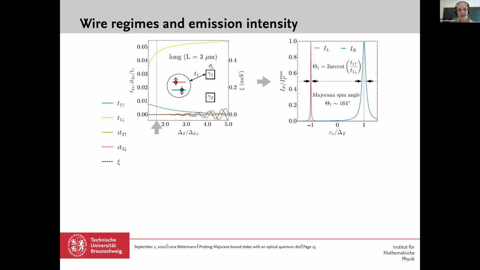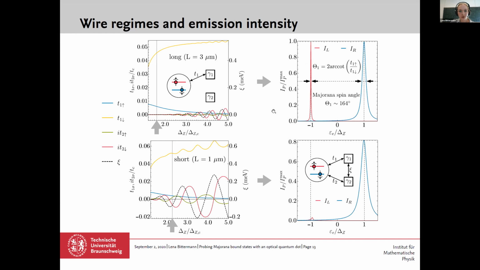So this is the case of the separated Majoranas, and for this we can find in the emission intensity again 2 peaks of maximal emission, and with the width of the peak we saw that this is proportional to the tunneling amplitudes. For the Majorana spin angle we can parameterize it with just one angle since it's in one plane, and therefore you can find the Majorana spin angle, which is in this case 164 degrees.